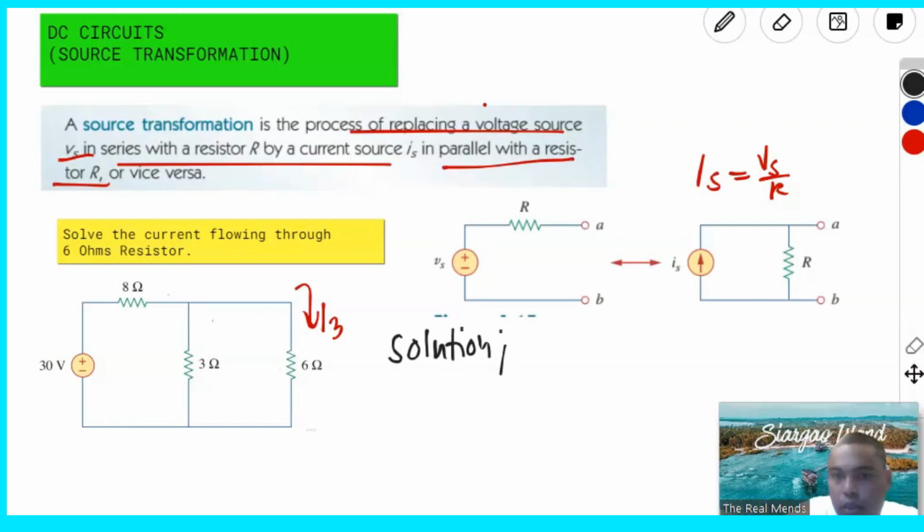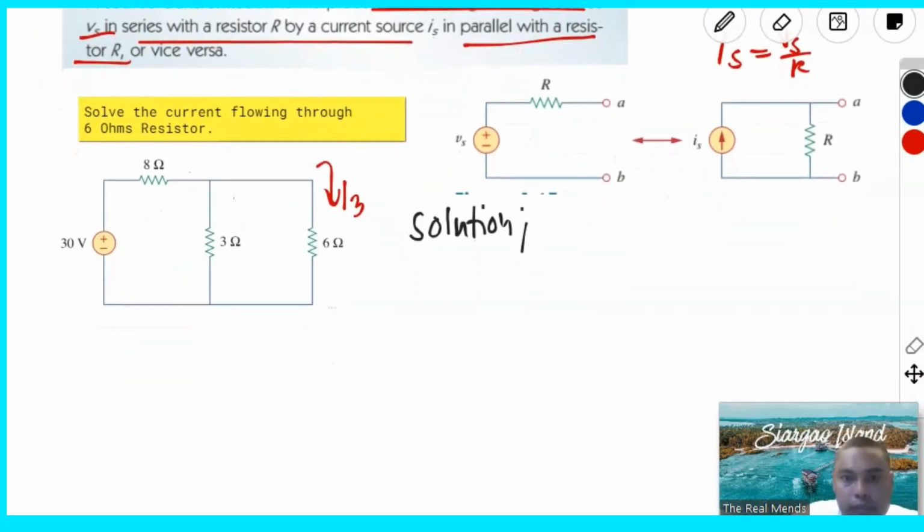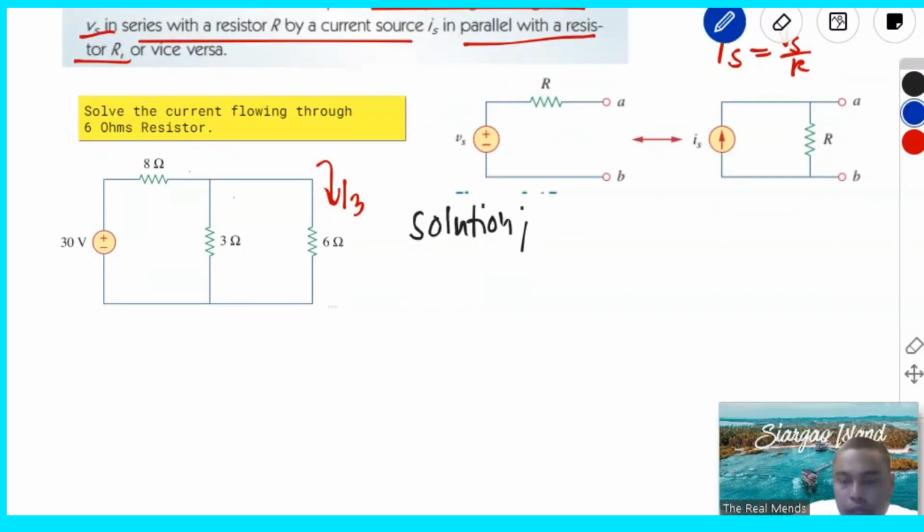Here is the solution. First, we need to transform this 30 volts, that gives us, okay, so that is 30 over 8 amperes. Okay, and then this 8 ohms must be connected in parallel.